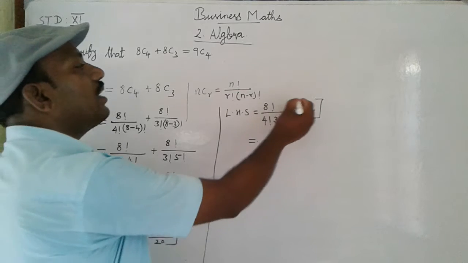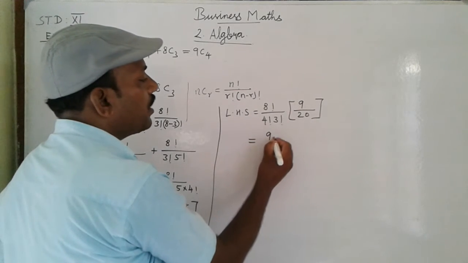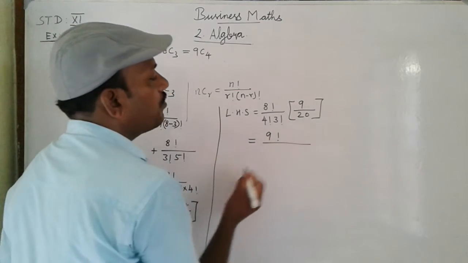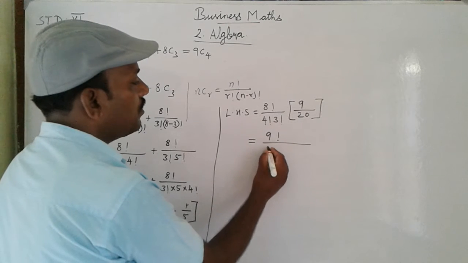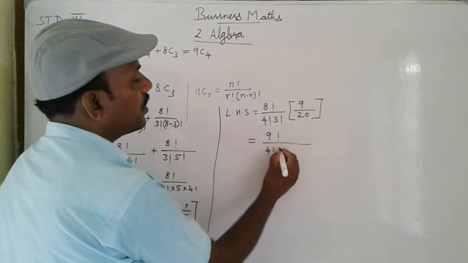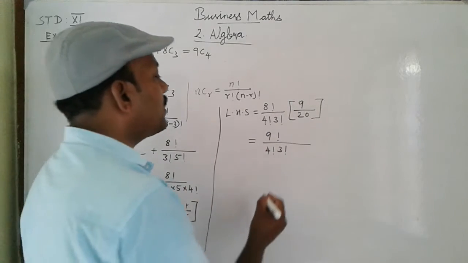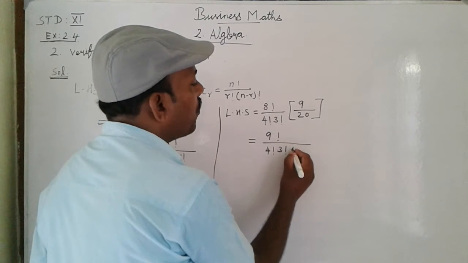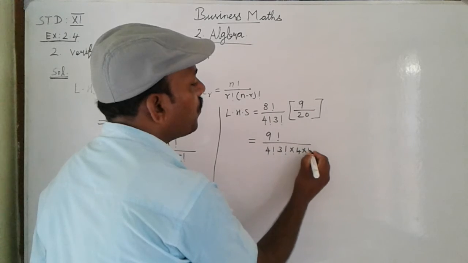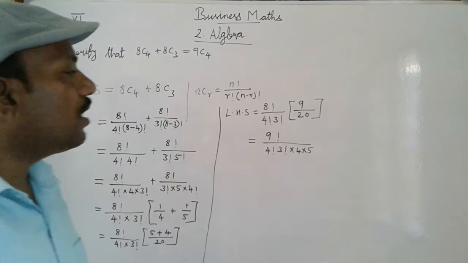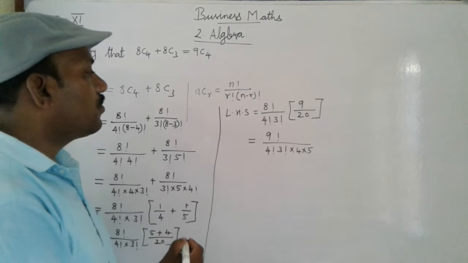So 8 factorial into 9 is what? 9 factorial divided by 4 factorial into 3 factorial. 20 is, we should write 4 into 5. 4 into 5 is 20.